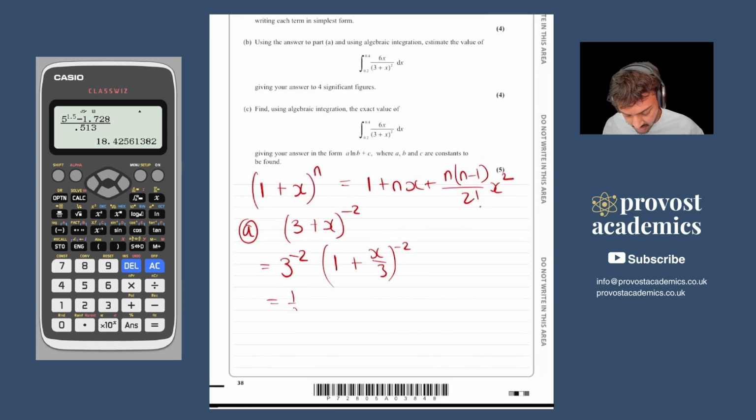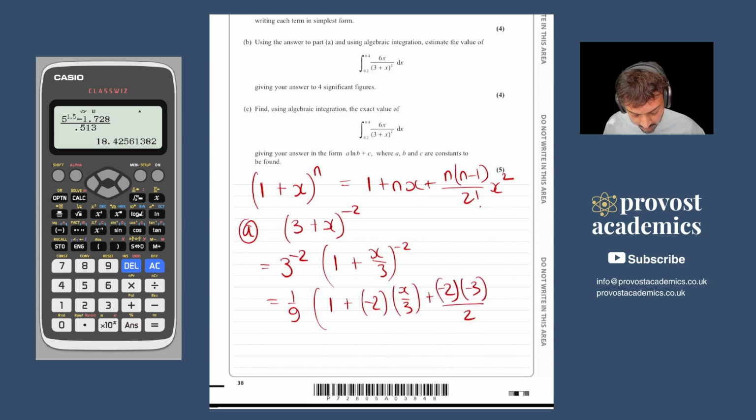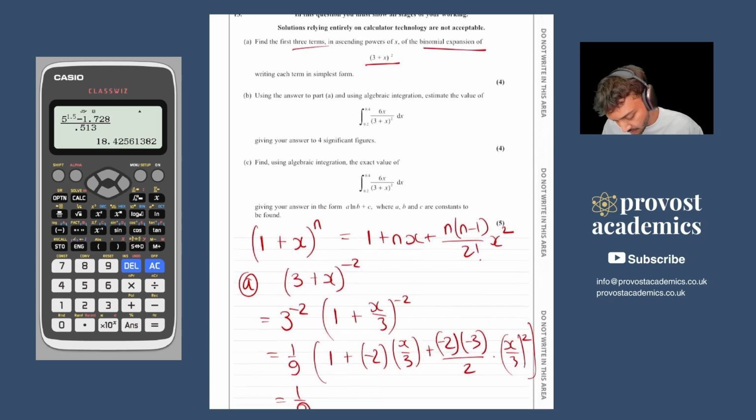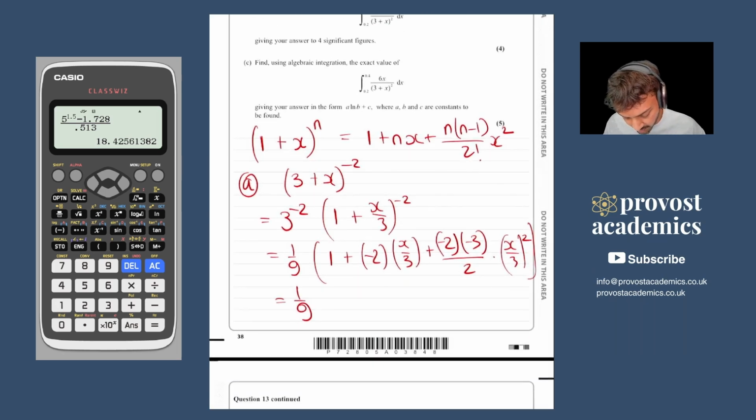So now let's expand everything out. I get 1 plus minus 2 times x over 3 plus minus 2 times minus 3 over 2, because 2 factorial is just 2, times x over 3 whole squared. And they want it in the simplest form, so I have to do a bit of simplification here.